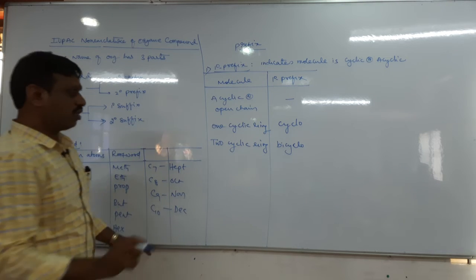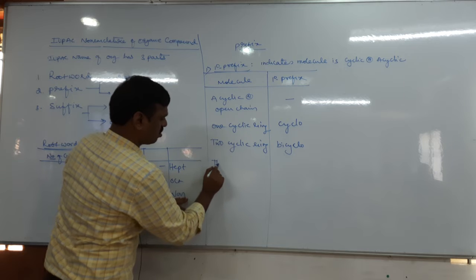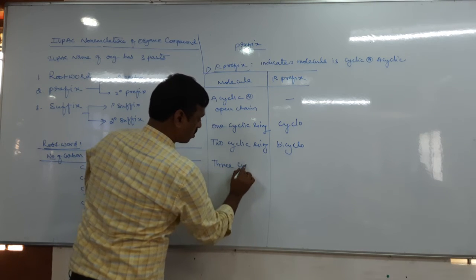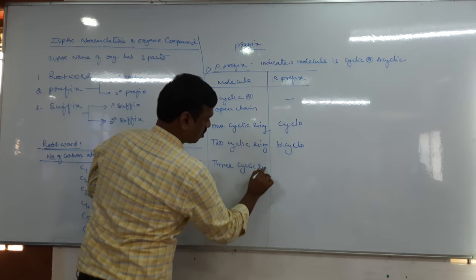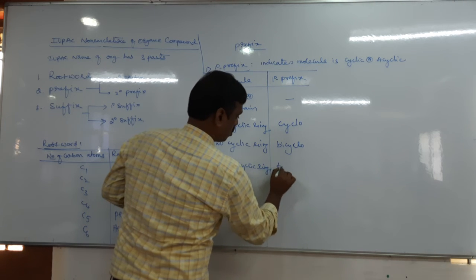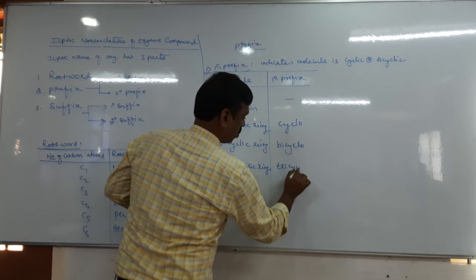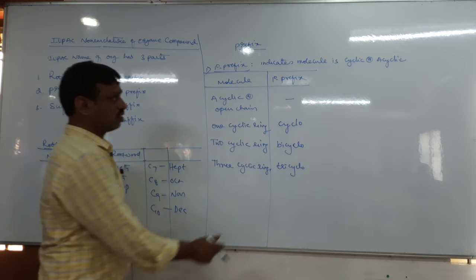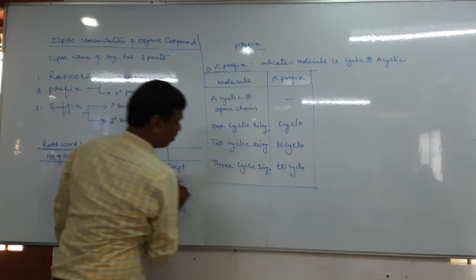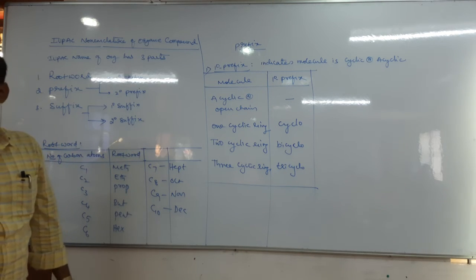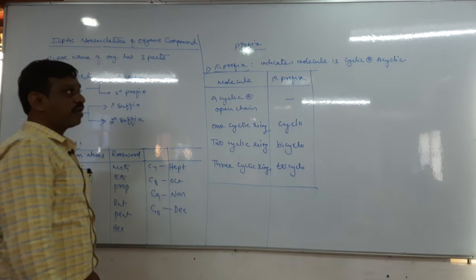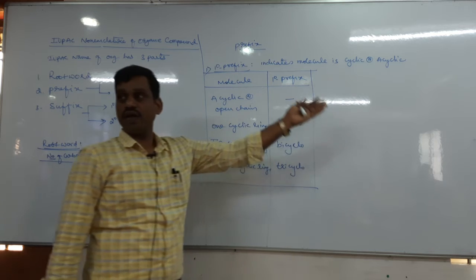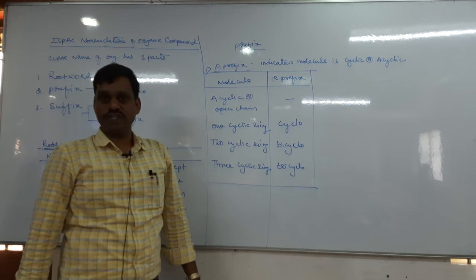Tricyclo is not there, but if it is three cyclic rings, it is called tricyclo also. So cyclo, bicyclo, tricyclo are primary prefixes. Primary prefix indicates whether the molecule has a cyclic ring or is acyclic, that is, an open chain.